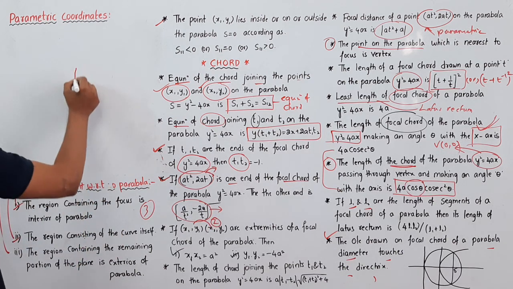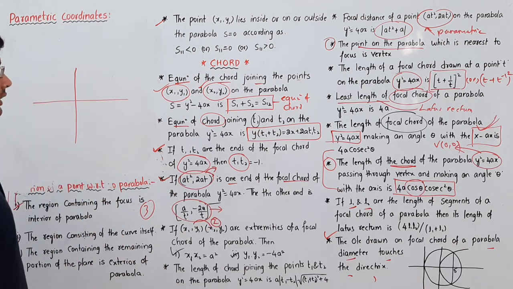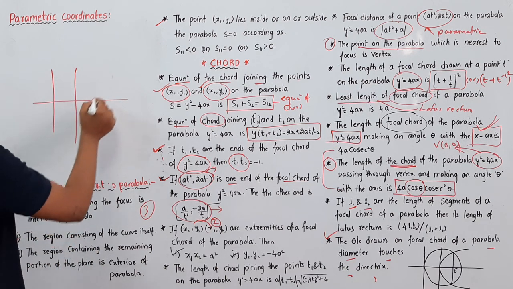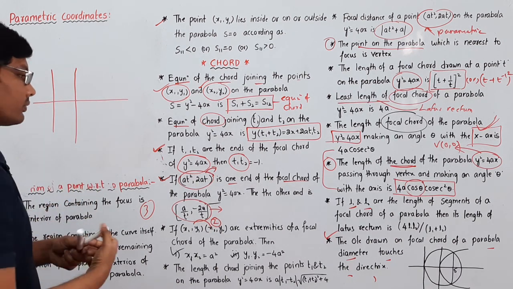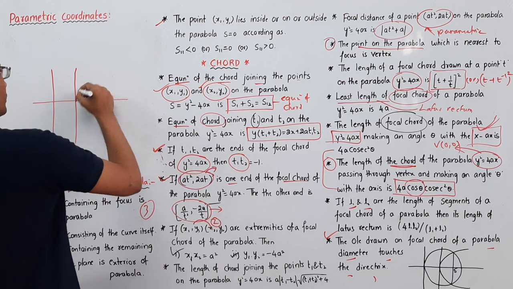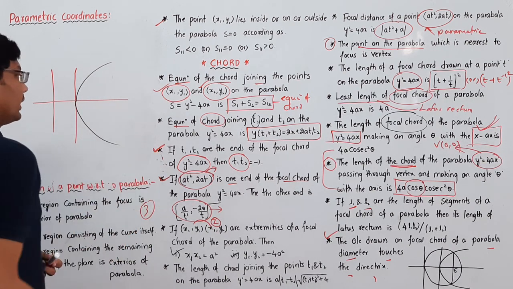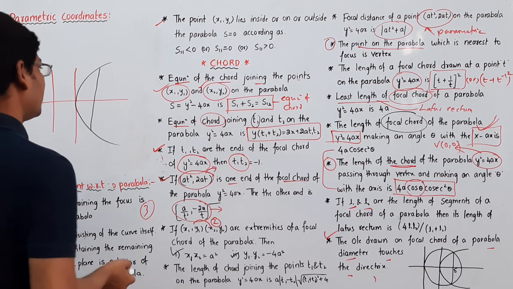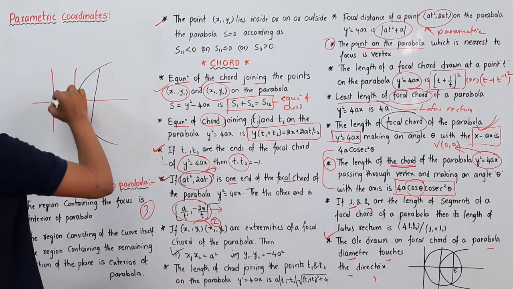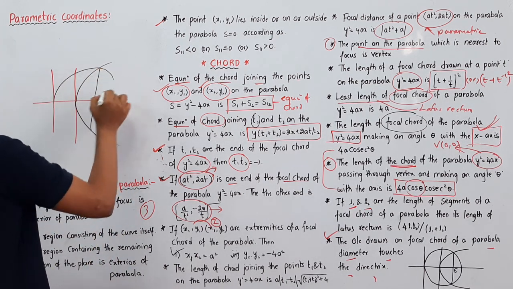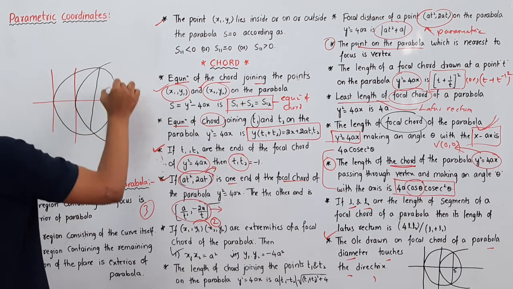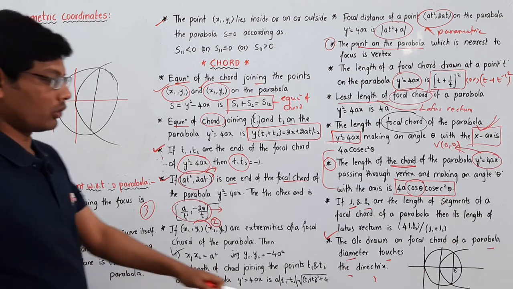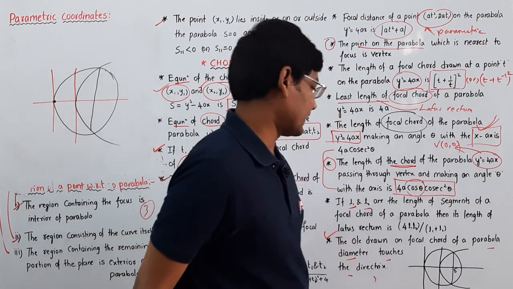Here this is the axis, this is the directrix, this is the parabola, and this is the focal chord. The circle passing through the focal chord touches the directrix here.